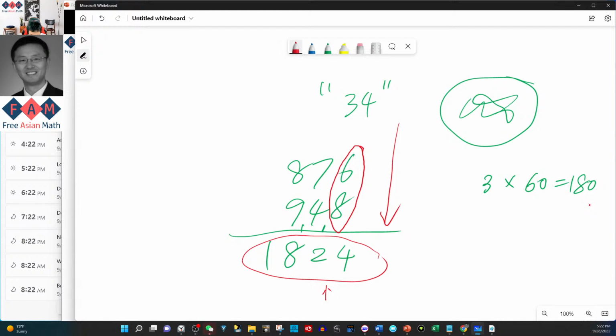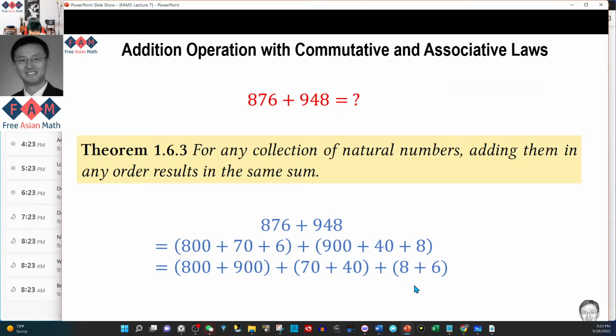We understand that. And the remaining is 4. It stays in its current place value position, the unit place. So here, 8 plus 6 gives us 14. That means the 4 remains in its current place value position, and the 1 goes to the next higher one, which is carrying.